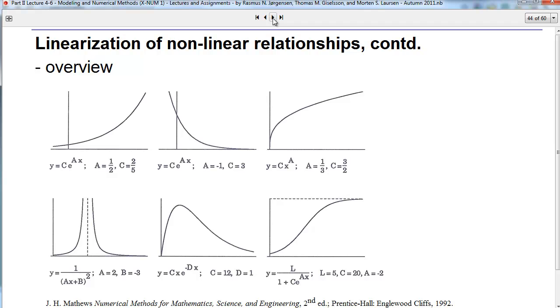Here's an overview of different equations and how the constants have an impact. You have this power function, and depending on the exponent, here you can see it's a half, so it looks like this. If you have a negative, it's the other way around. So they are all different functions, and take notice of this one.